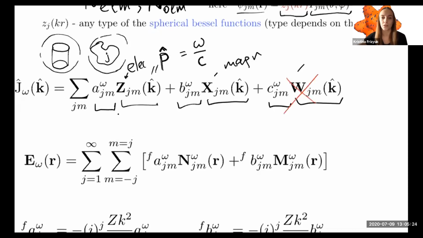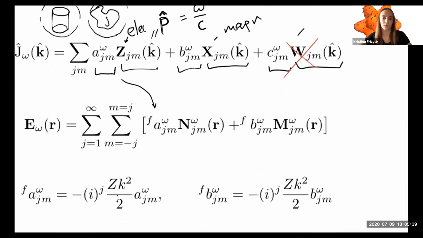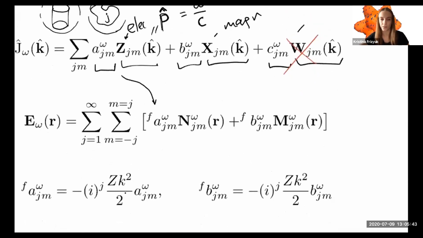The coefficients before one kind of magnetic spherical harmonic and before the other kind of electric spherical harmonic are connected by a constant. Here Z is the impedance, and in the case of vacuum it is equal to this.